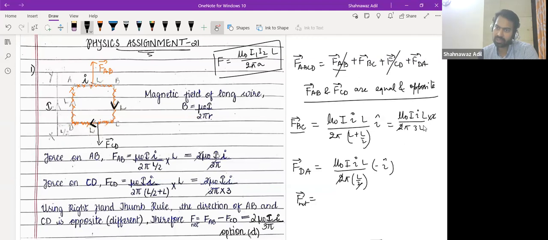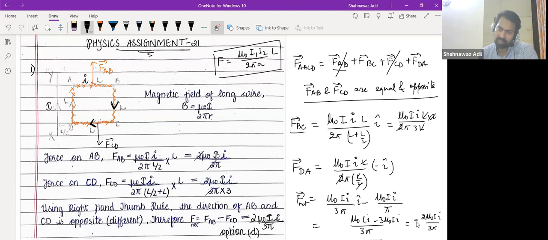The 2 cancels, and L cancels. So we will have mu naught I by 3 pi I hat, minus 3 mu naught I whole, so minus of 2 mu naught I by 3 pi.